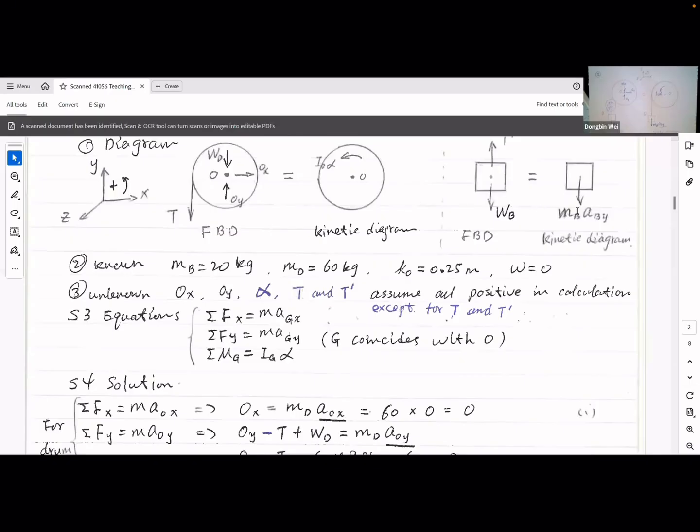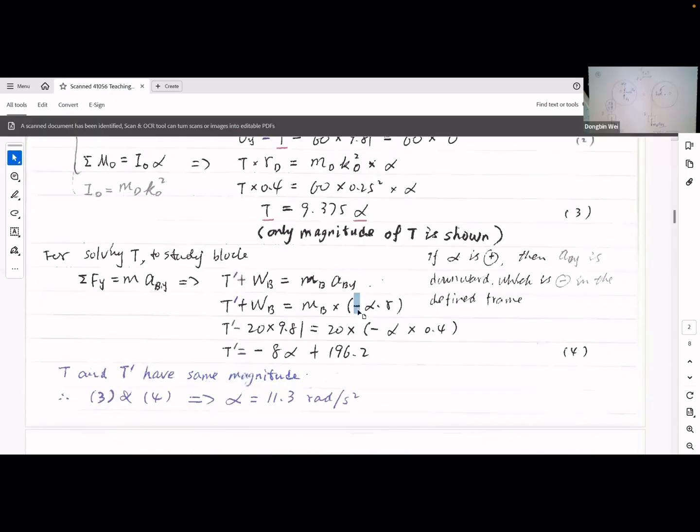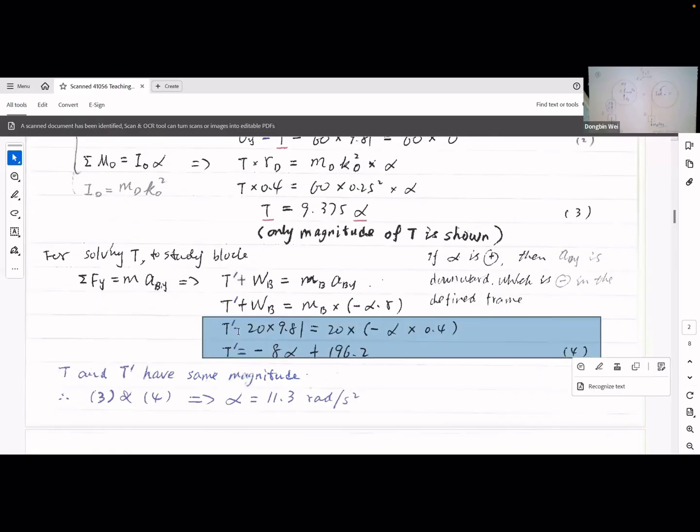Downward is negative, so you need to give a negative sign. Okay, now this is your fourth equation. In this fourth equation, we have T prime, we have alpha.